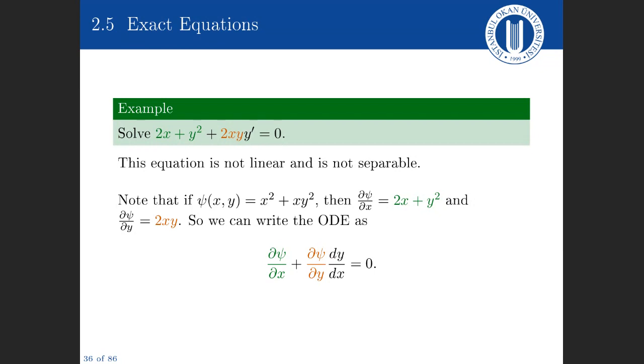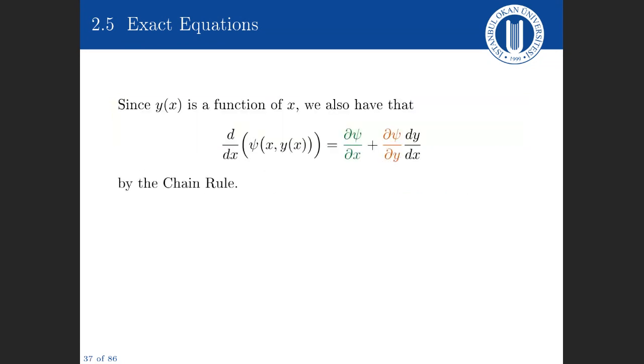So our differential equation is the same as dpsi/dx + dpsi/dy dy/dx = 0. Because y of x is a function of x, we also have that d/dx of psi is the same thing, dpsi/dx + dpsi/dy dy/dx, by the chain rule. So our differential equation is basically just d/dx of (x^2 + xy^2) = 0.